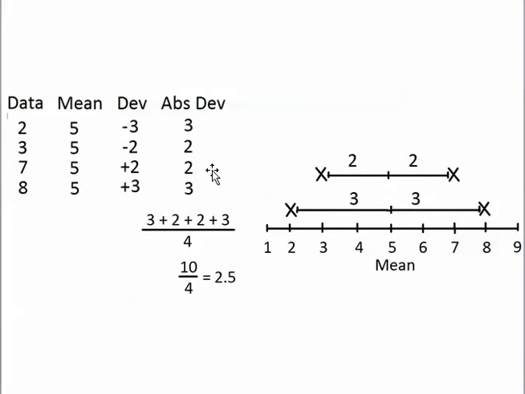Now 2 of our absolute deviations have increased because these values are now further from the mean, which means that the mean of these 4 absolute deviations is going to be bigger than 2. We can see that the MAD has now gone up to 2.5. Because the mean of 2, 2, 3, and 3 is 2.5.